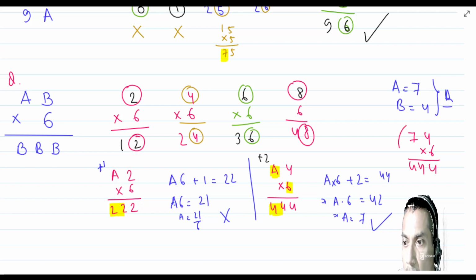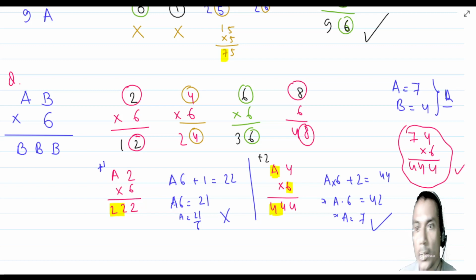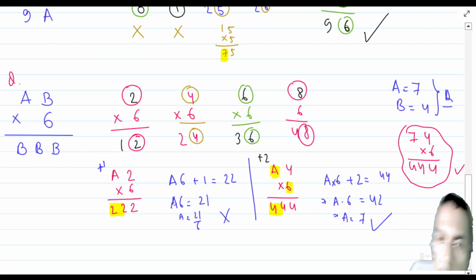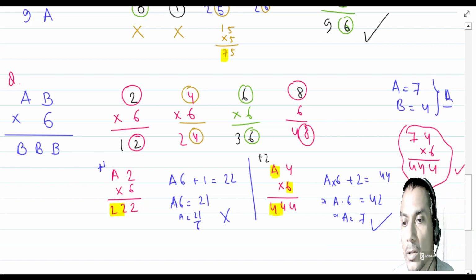Okay. So the answer is correct. Now you can also verify if there is a multiple answer possible. You can check it also. The same way you can check it for the 6 and 8 also. Okay, clear?